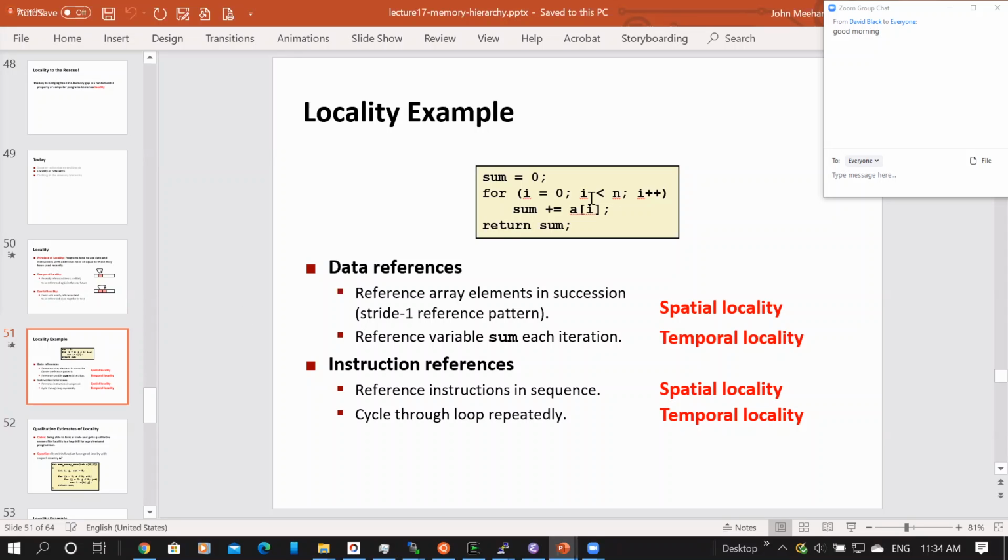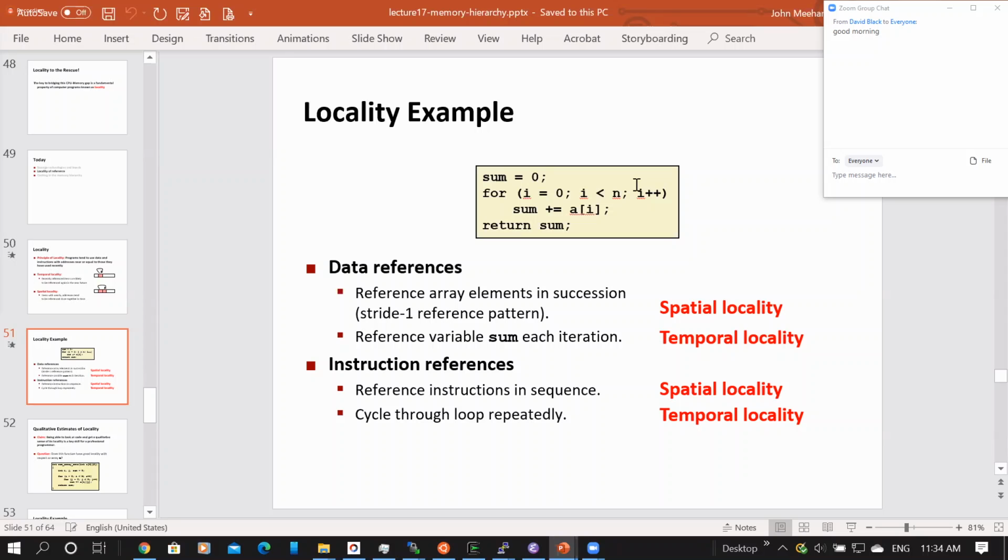If we look at a for loop, this array that we're accessing in the for loop, those locations are just right next to each other in memory, right? So that is spatial locality. We keep hammering the same sum. If it was a location in memory and this I was a location in memory, we just keep accessing them over and over again. In reality, those are probably in registers, so we're not even accessing memory.